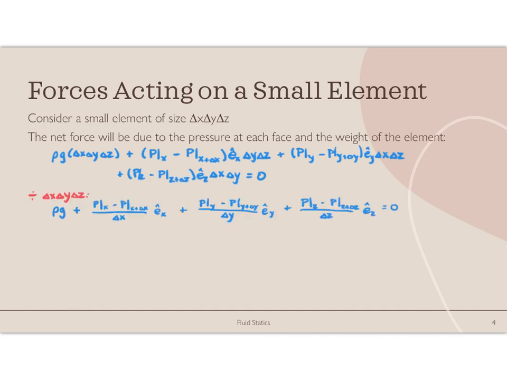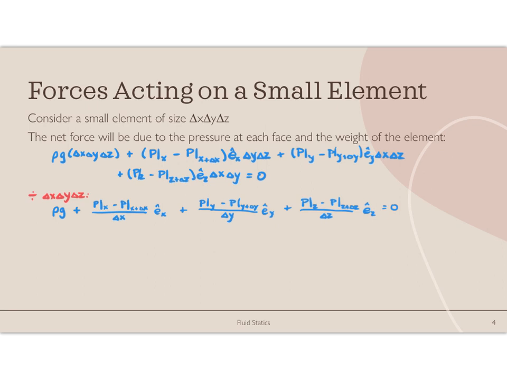And so we're left with just the rho g, the pressure difference in the x direction over delta x times the unit vector e x, p y minus p y plus delta y over delta y times e y, and then the same for the pressures in the z direction over delta z times e z.